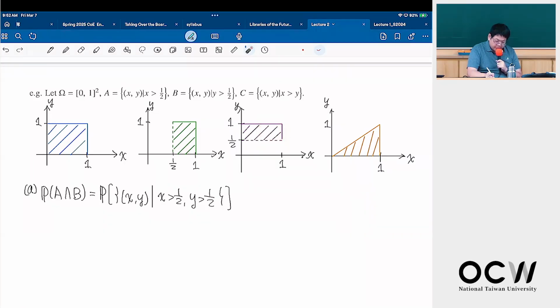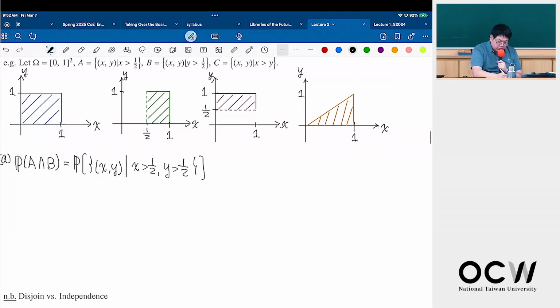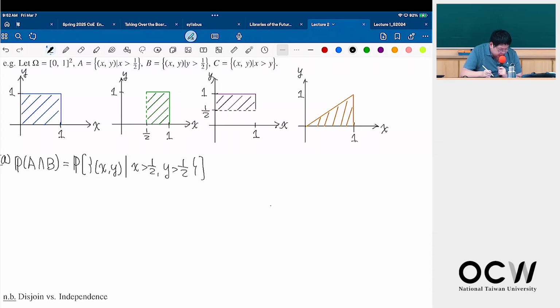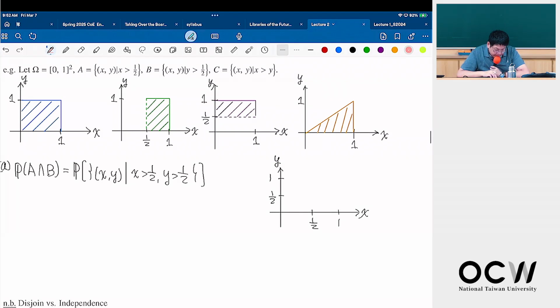Okay, let's draw it. The intersection, let me use maybe pink. Greater than 1/2, 1/2.